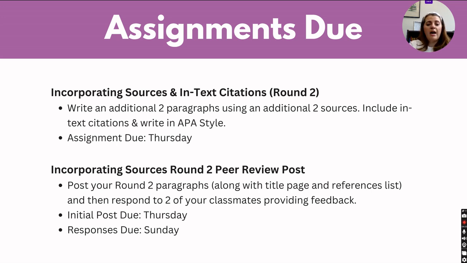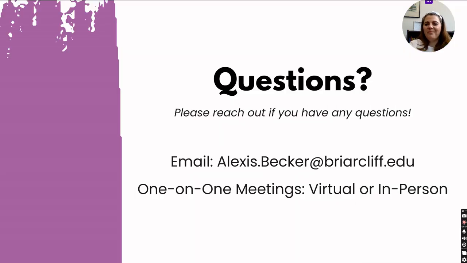Please make sure you're submitting that one by Thursday. And for the Incorporating Sources peer review post using the round 2 assignment, post your round 2 paragraphs along with the title page and reference list, and then respond to 2 of your classmates providing that feedback. The initial post is due on Thursday, so submit your assignment and then post it onto the board, and responses to your classmates are due on Sunday.